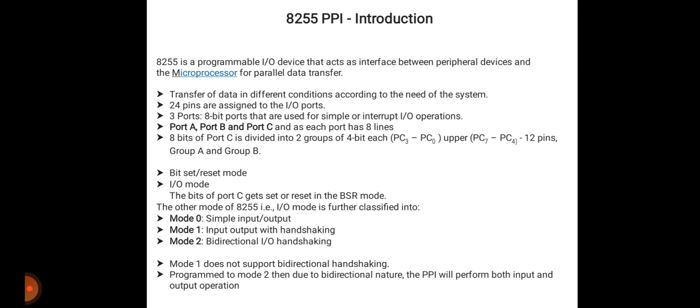We know that 8255 PPI is an IC, but what does PPI mean? PPI is a programmable peripheral interface. So 8255 is a programmable input output device that acts as an interface between two components, that is peripheral devices and the microprocessor, for parallel data transfer.